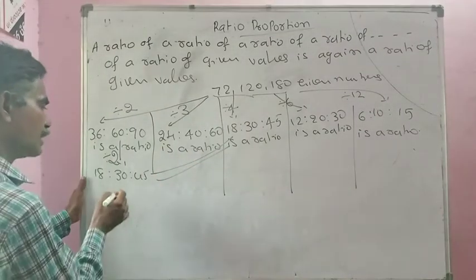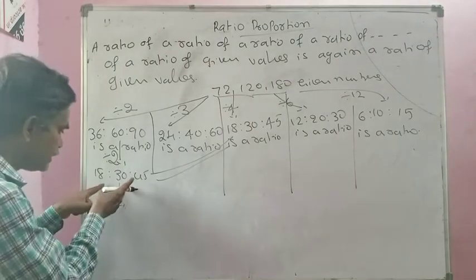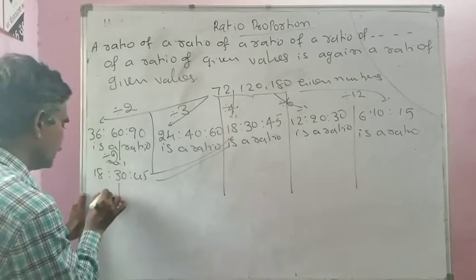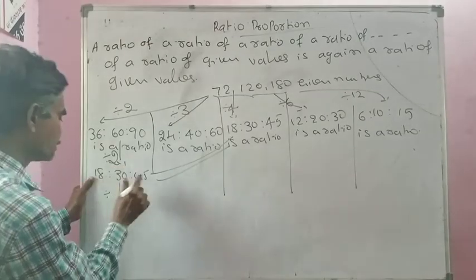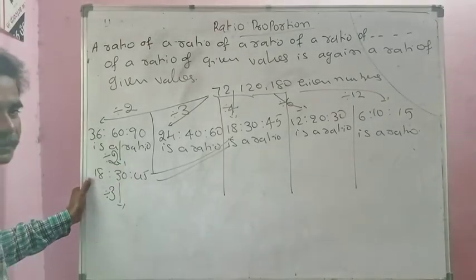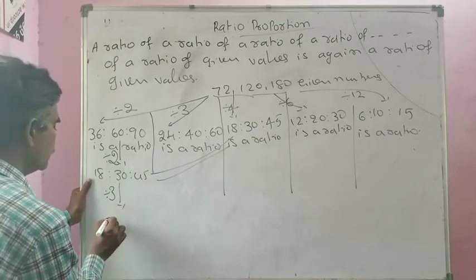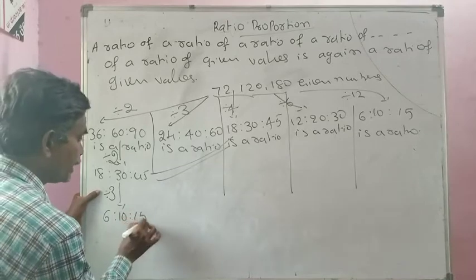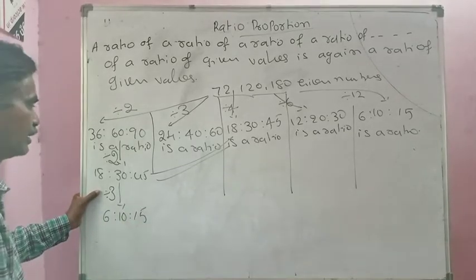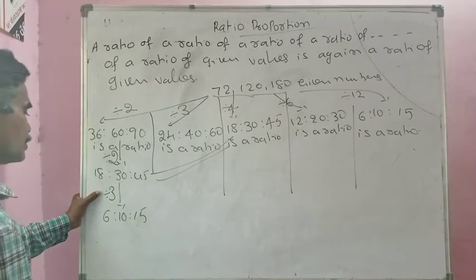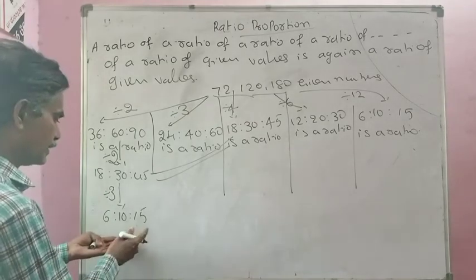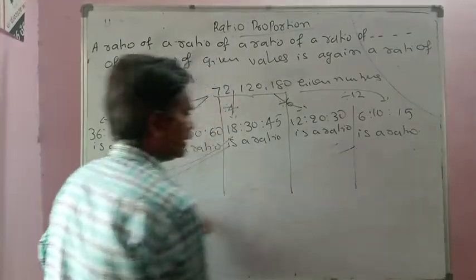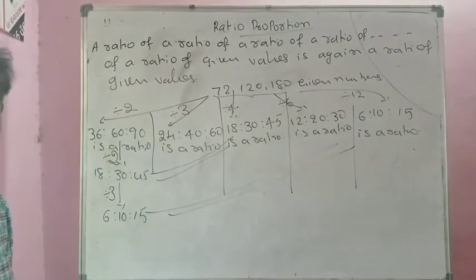And let us find another ratio of this ratio. For that, let us divide these values by 3. Then we will get 6 is to 10 is to 15. You can observe that the values in this ratio are equal to an already existing ratio.